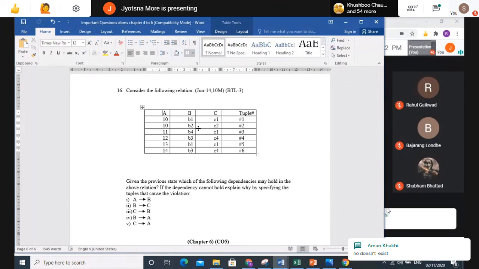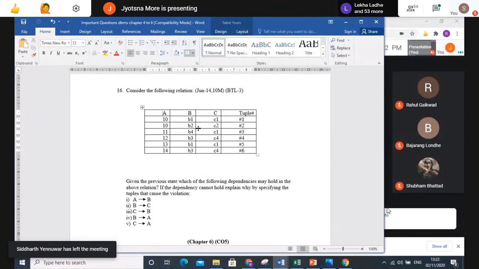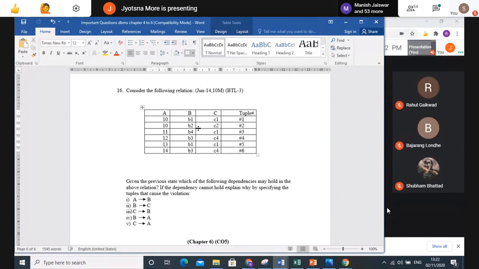So write down the answer for that. A does not functionally determine B, because tuple number 1 and tuple number 2 have the same value for A but different B values.